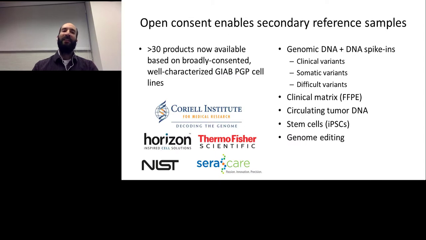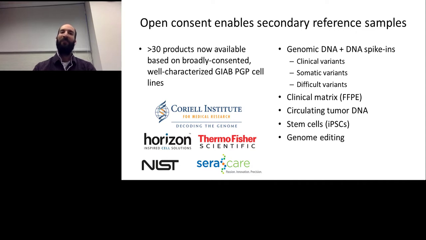The other thing this open science enables is secondary reference samples. So there are now more than 30 products that are available from several different institutions that are based on these broadly consented, well-characterized Genome in a Bottle cell lines from the Personal Genome Project.